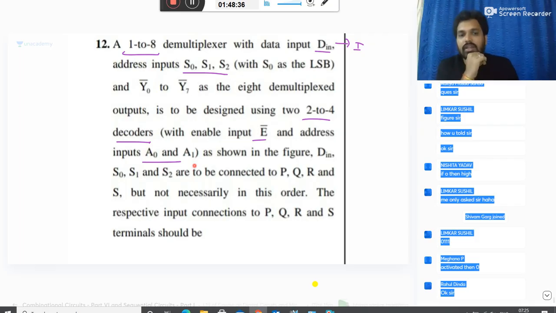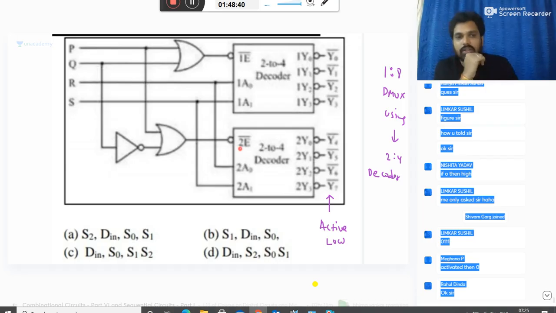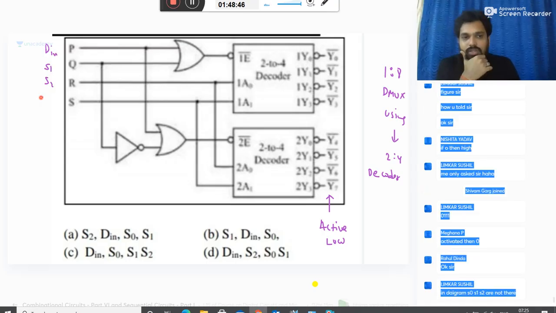As shown in the figure, D in, S1, S0 are to be connected to this PQRS. What is the order you need to give here? That is the question. They can be in any order. What is the order you need to make? That is what is required.